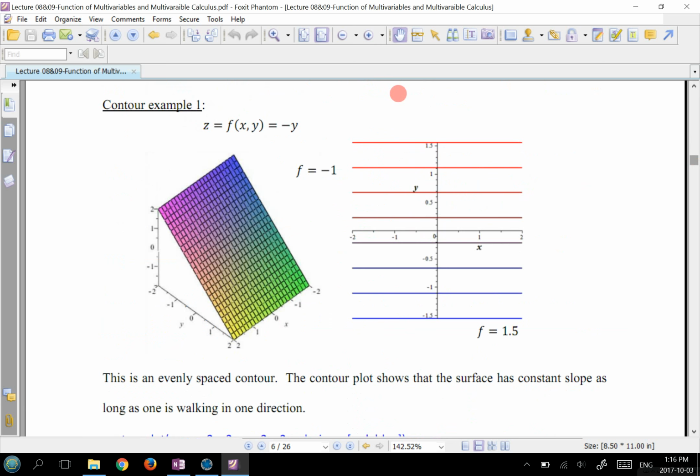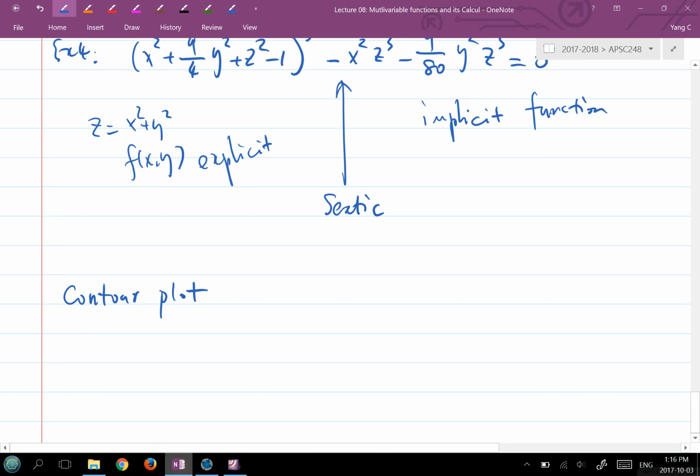For example, in this case, if I have z equal to negative y, that's a plane. Now you slice that with a different plane. Basically you let z equal to 1, let z equal to 2, or 3, and you keep going. When you say let z equal to 1, 2, 3, they're actually planes.